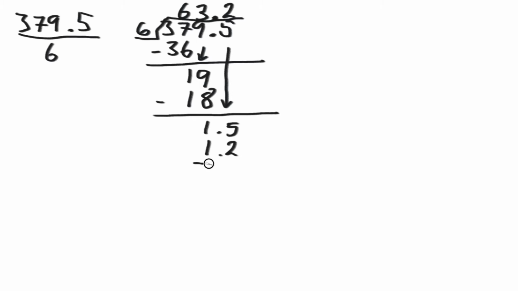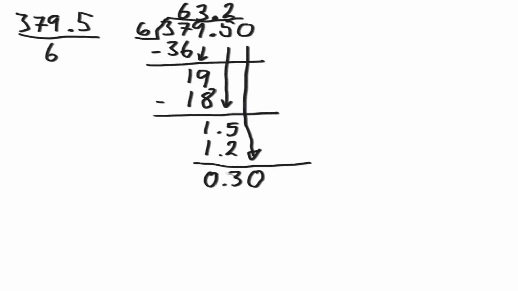And the decimal goes in its place. So what we have left here is 0.3. And now 379.5 is the same as 379.50. So we get this 0 down here.